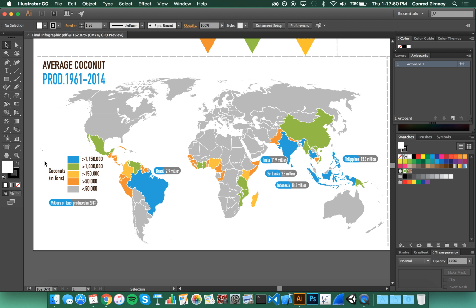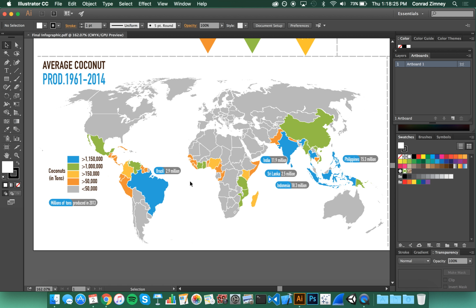So blue is encoded to over 1,150,000 tons of coconuts, green for over a million, yellow for over 150,000, orange for over 50,000, and gray for less than 50,000. I've also included in this display the top 5 producers of coconuts in 2013 specifically, just to give some context and to really highlight the extreme differences in these top 5 producing countries.